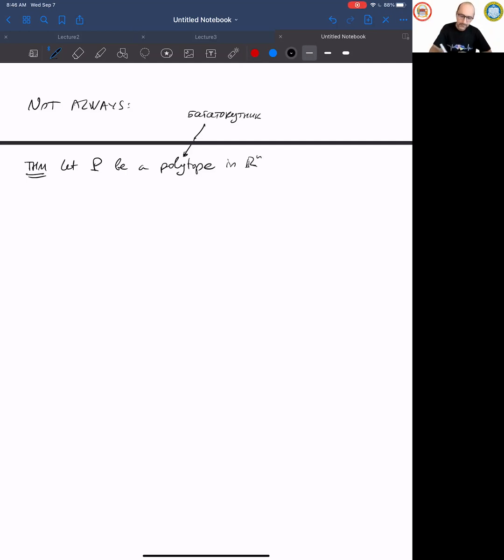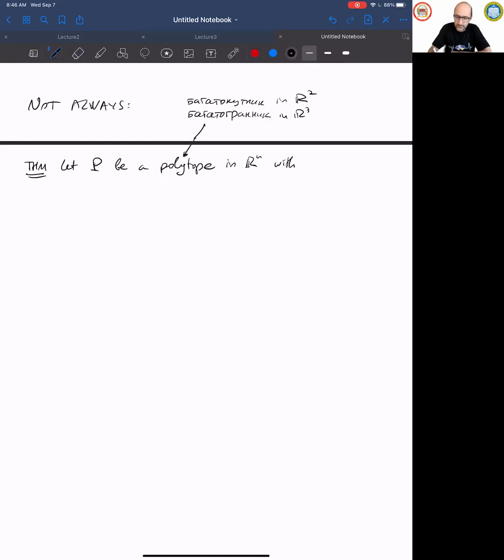In two-dimensional space it is a polygon, in R3 a polyhedron, and generally this thing is called a polytope.